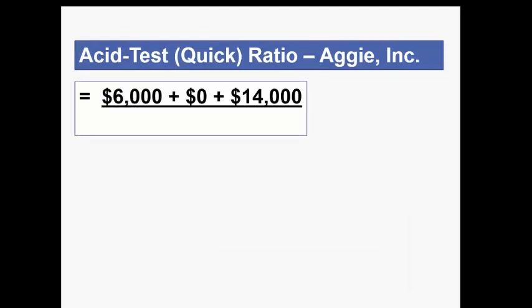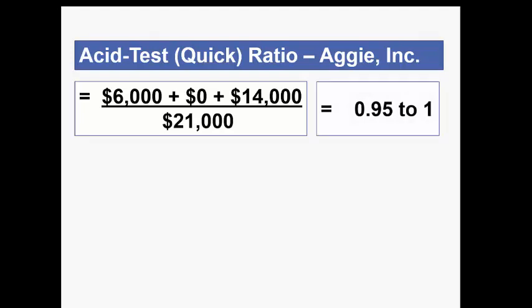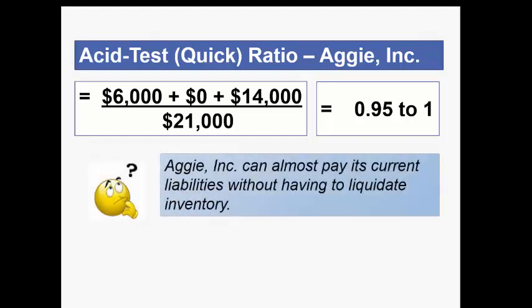Cash of $6,000 plus no marketable securities plus current receivables of $14,000. We'll divide by $21,000 of current liabilities, and we get 0.95 or 0.95 to 1. Now what this tells the manager is that Aggie can almost pay all of its current liabilities without even having to sell any inventory.